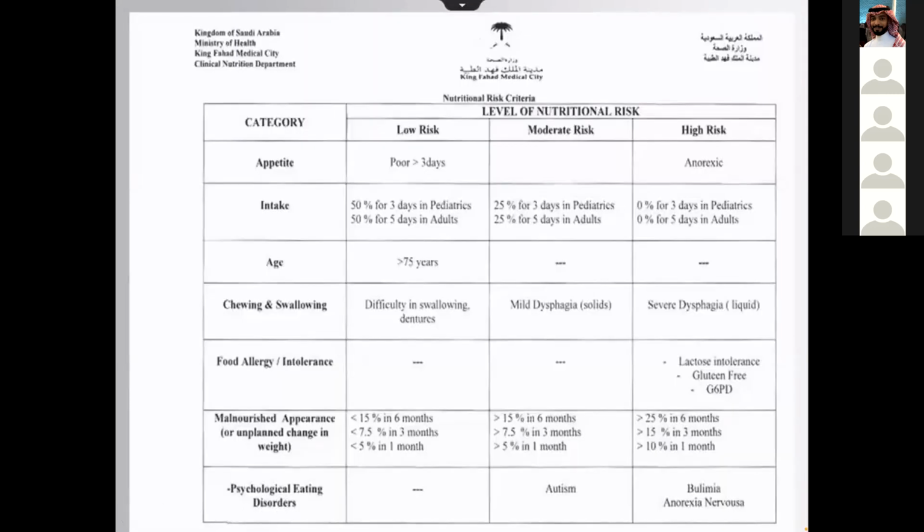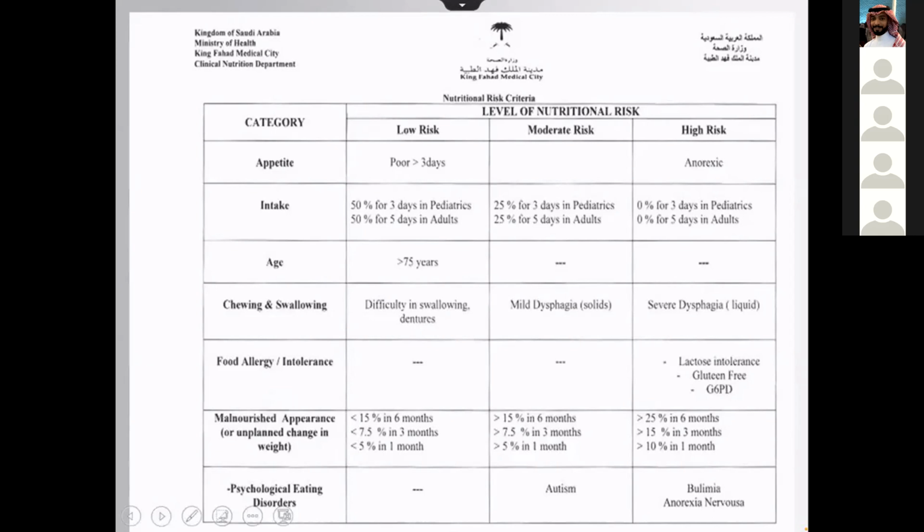I would like to show you some criteria or categories for the factors we use to decide the risk of patients, like appetite and intake, and age. If patients are less than 75 years, they are not considered high or moderate risk; we will consider them low risk.